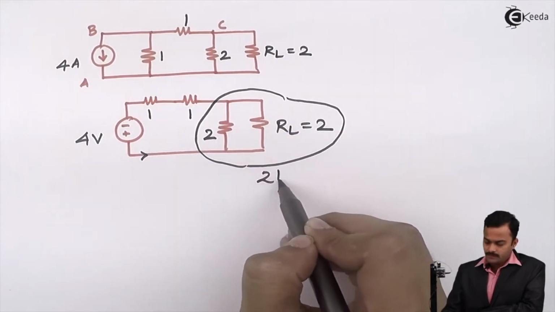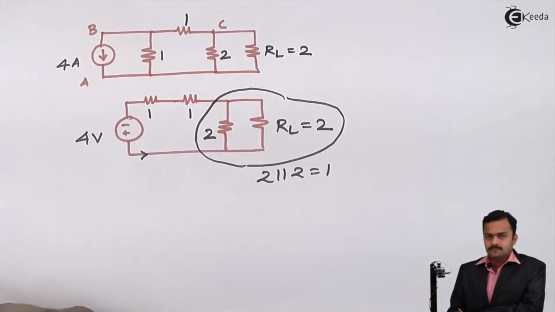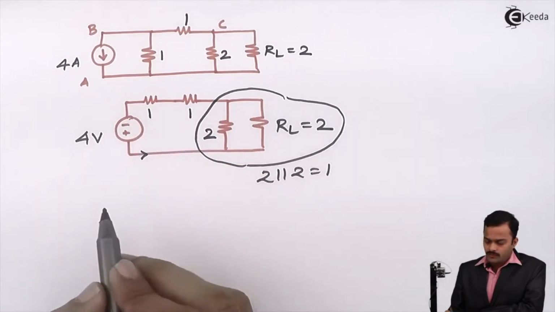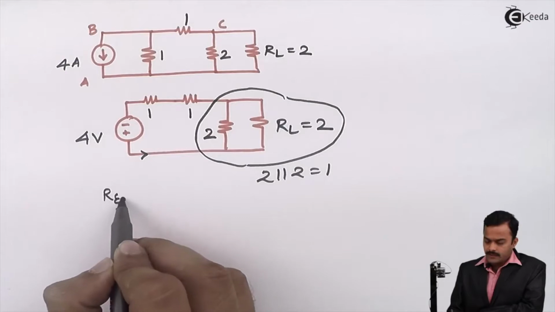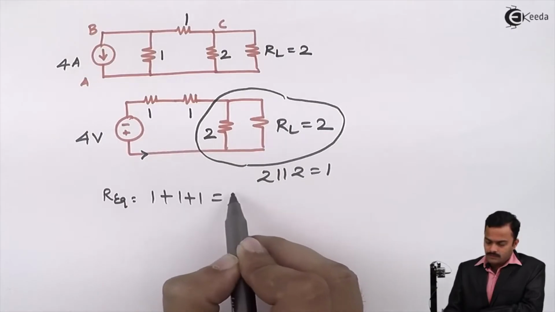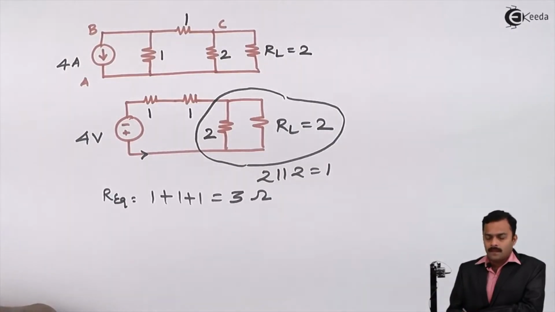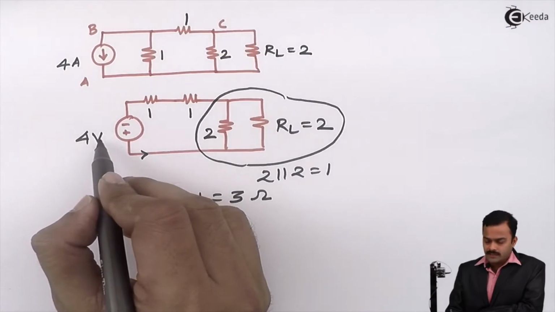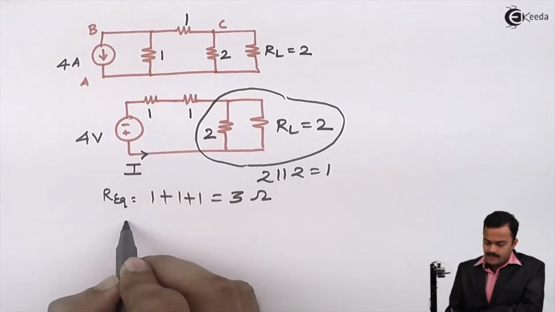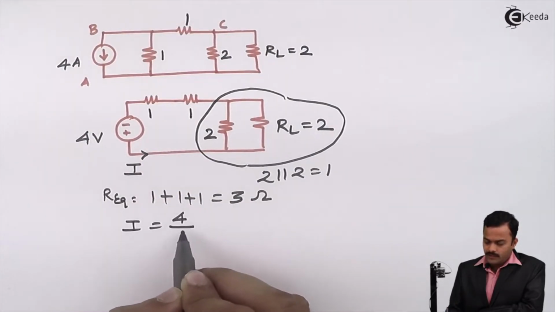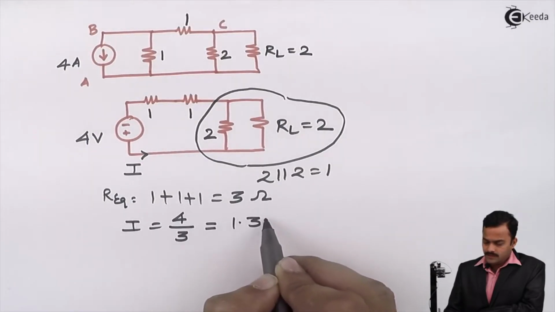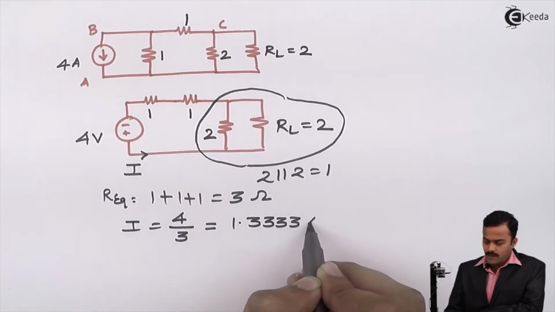That will give me 1 ohm. And this 1 ohm will come in series with these two 1 ohms. So finally, I can get R equivalent as 1 plus 1 plus 1, which is 3 ohm. And the only voltage source present is 4 volt after converting this 4 ampere. So current flowing here, I can say 4 divided by 3, which is nothing but 1.3333 ampere.